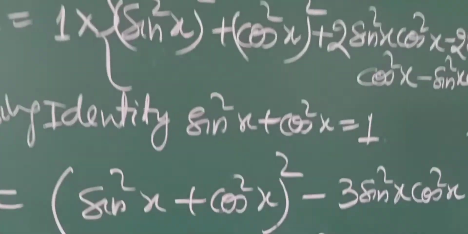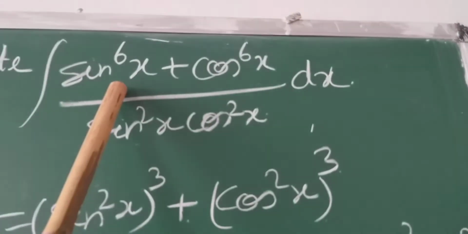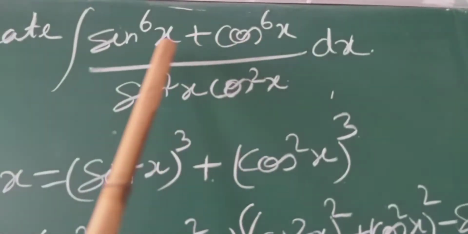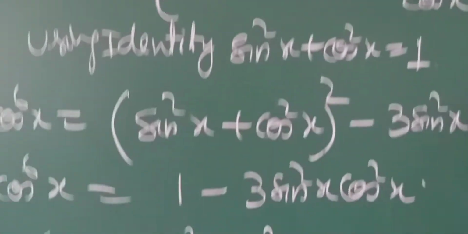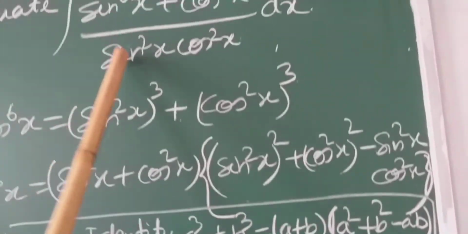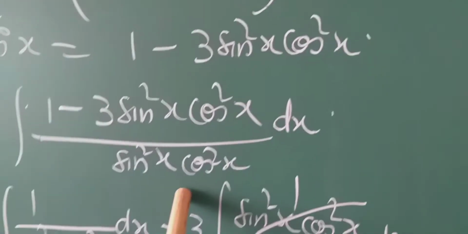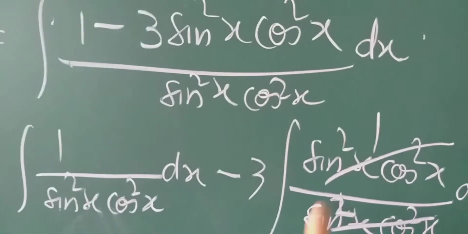Now students, we are going to use this value here. At this place we can write 1 minus 3 sin square x cos square x, and the denominator as it is. Now students, we have to find its integration.